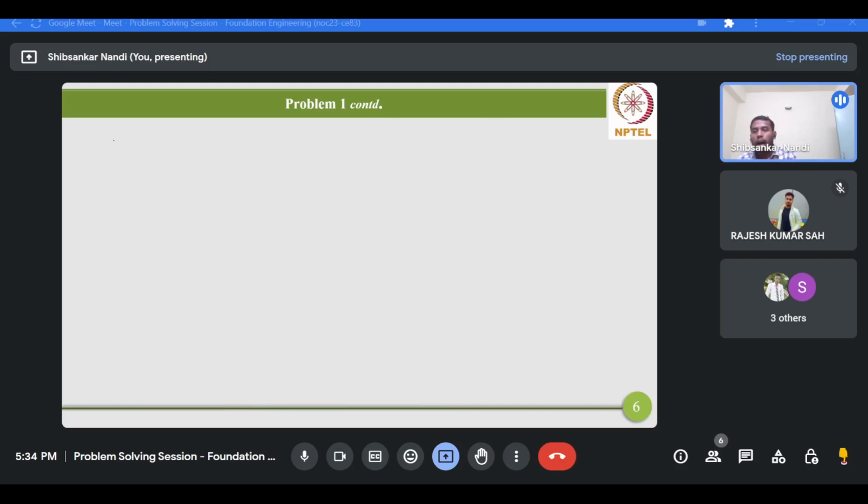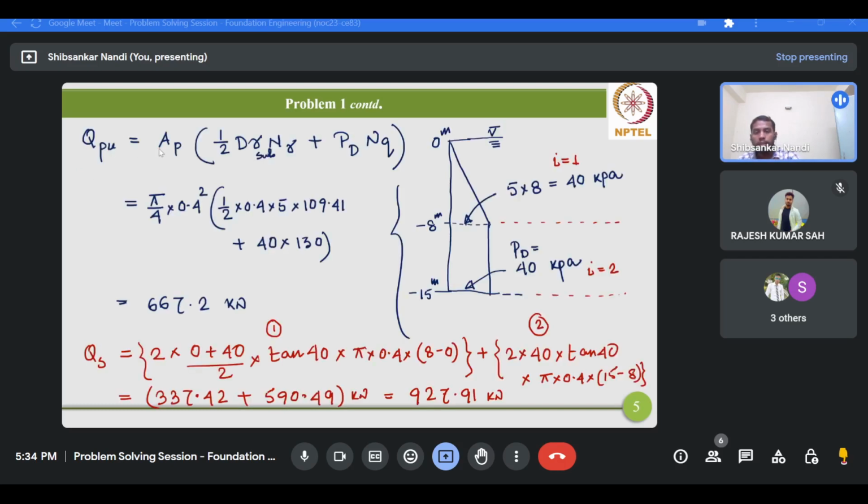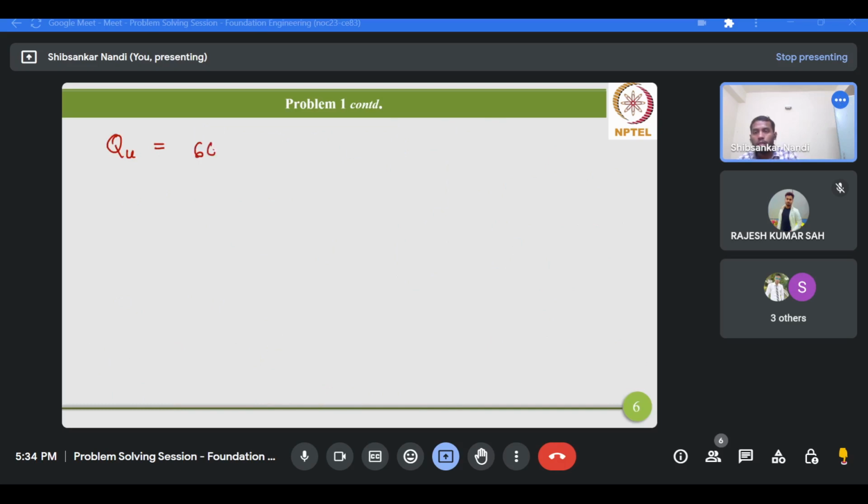Therefore the ultimate resistance of the pile will be 667.2 plus 927.91, that means 1595.1 kilonewton. But we have to calculate the safe load carrying capacity, that is we have to divide the ultimate load by some factor of safety.